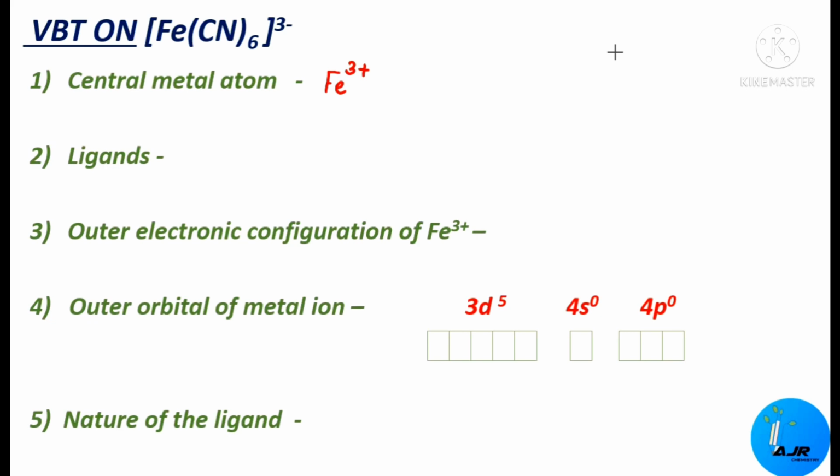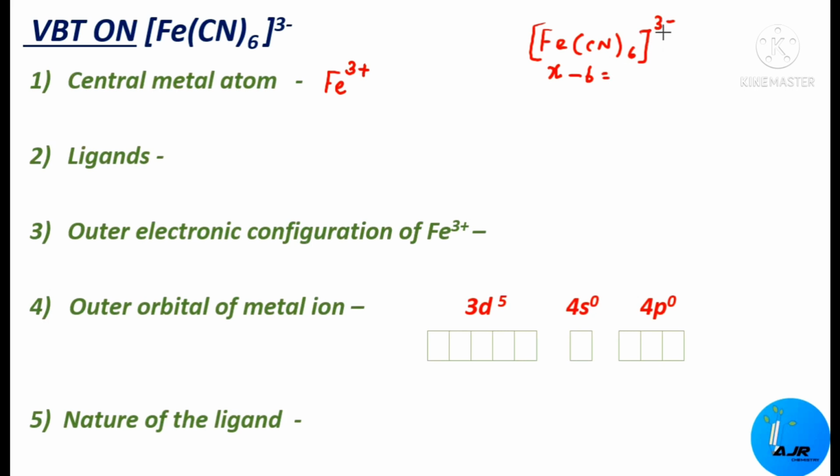How is it plus 3? Let us see. For [Fe(CN)6]3-, how will you find the oxidation number? We want the oxidation number of Fe, so we take it as x. For cyanide, CN, the charge is -1, and there are 6 cyanide ions, so it is -6.